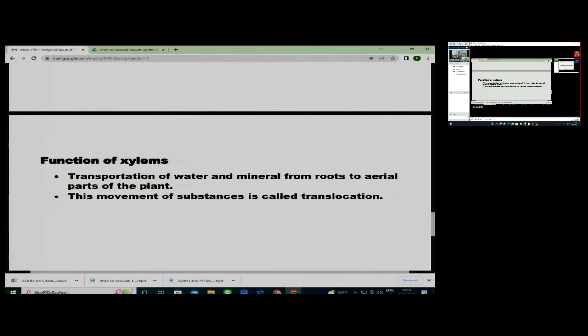As I showed you the plant that we have, the aerial parts are the top parts of the plant. Right, this movement of substances is called translocation. Trans means movement, so it's the movement from one place. Location means a place. So translocation is moving from one part to the other.